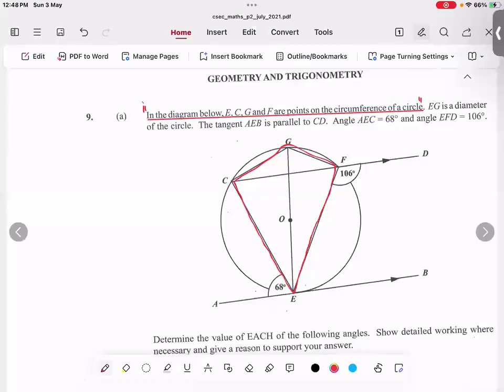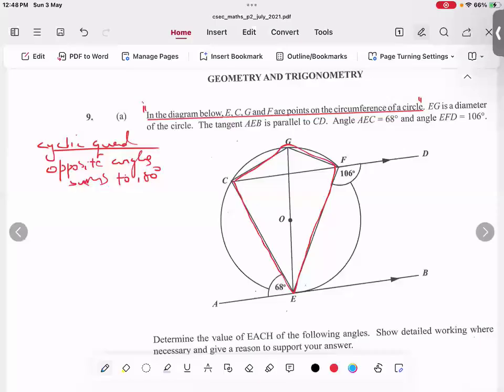Now, very important, a cyclic quadrilateral, what are the rules that surround it? Let me jot them down here. For a cyclic quad, we know that the opposite angles add up to 180 degrees. Very important.